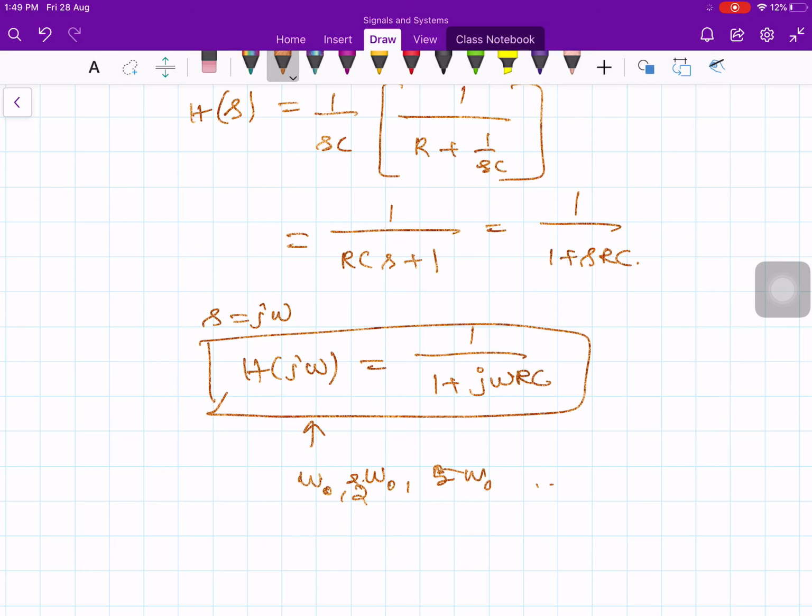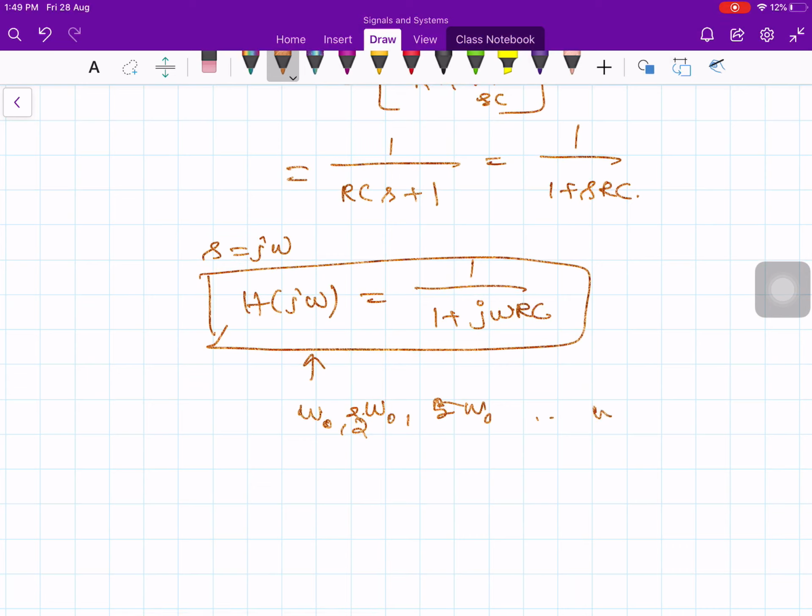And what is omega naught here? Omega naught is equal to 100 pi. Consequently, instead of a single omega, I have H of n times omega naught, therefore 1 over 1 plus j n omega naught RC.